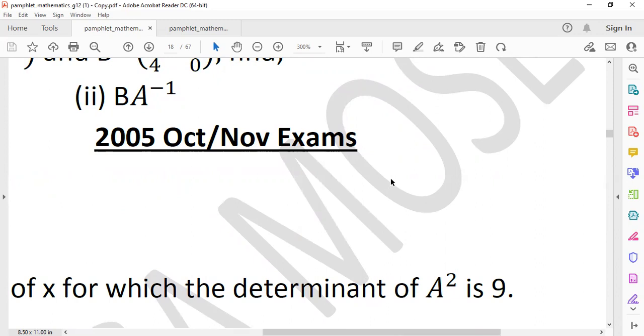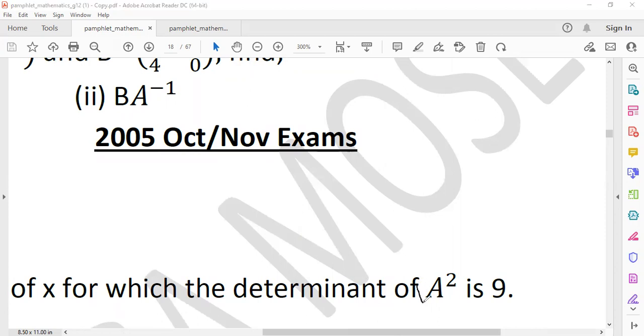What if you just found that of a only? If you are finding that of a only, you square root both sides.